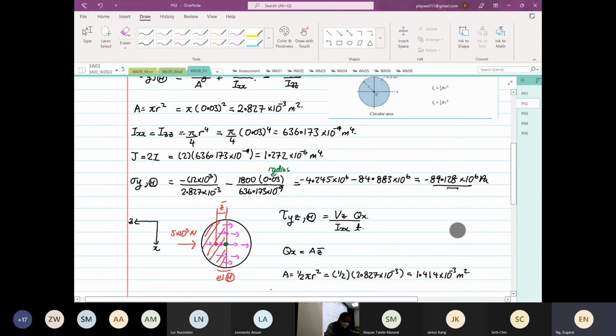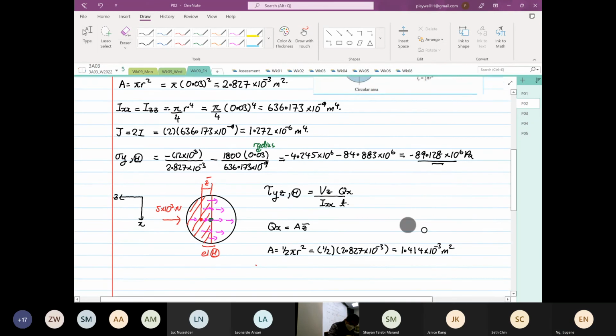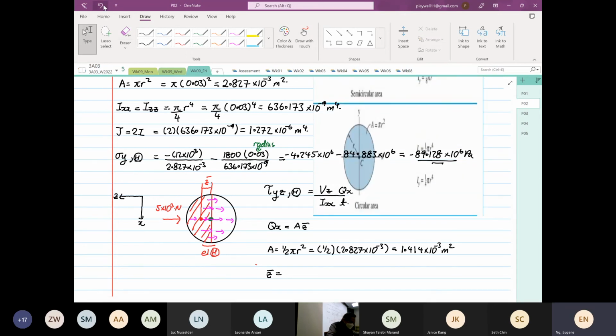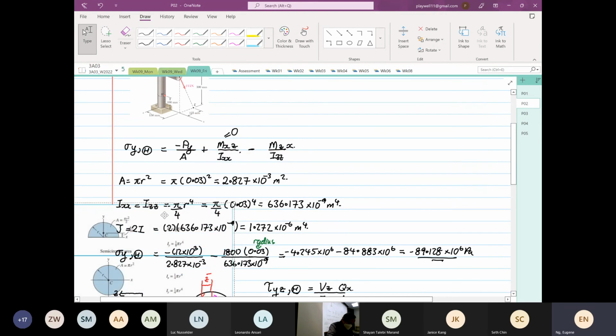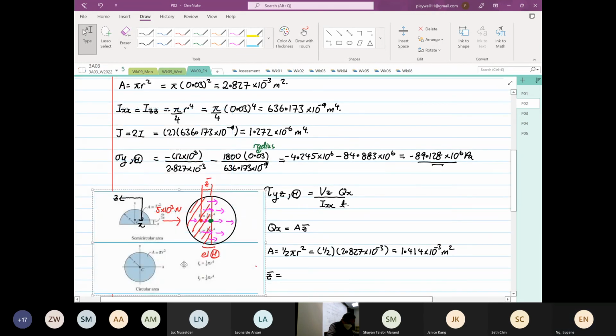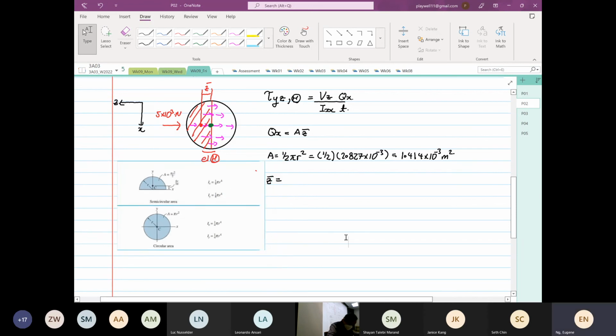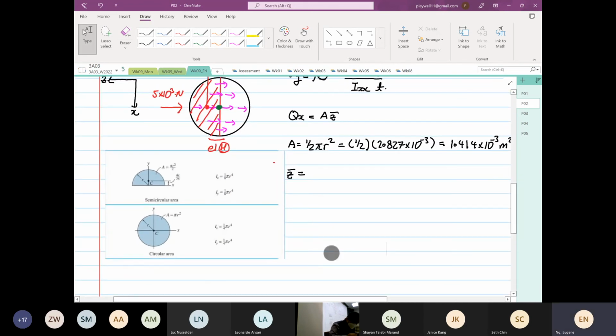So the Z bar, you go to the formula sheet. I'm going to bring the formula sheet down. You can see that the formula sheet says this is 4r over 3 pi. So z bar is equal to 4r over 3 pi.